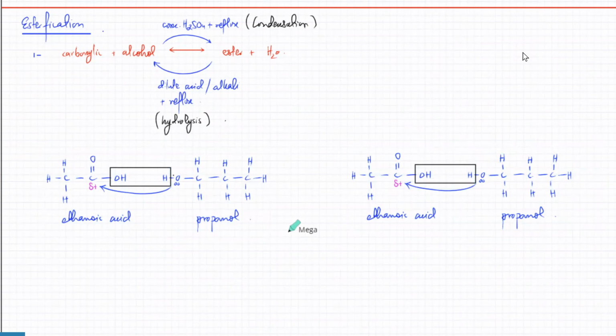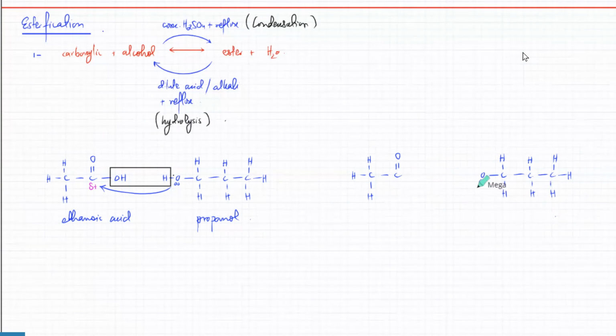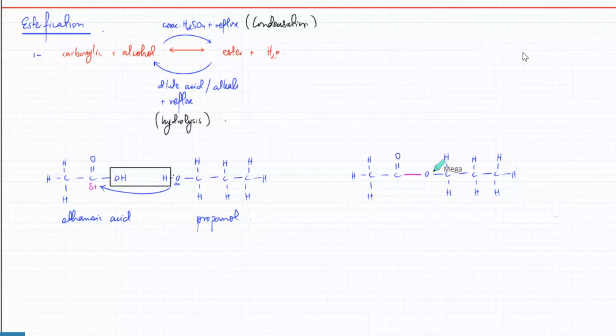So I'm going to eliminate the H and the OH. This is no longer ethanoic acid. And the two things would now join up. They're going to link up, they're going to come together and link up in the middle to form that ester link. So that over here is your ester link.